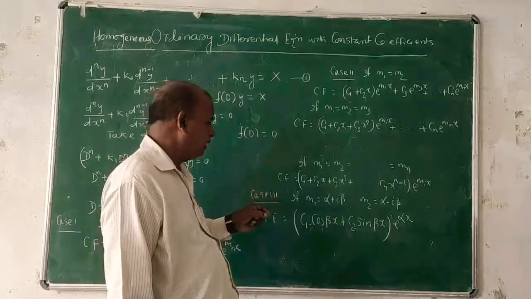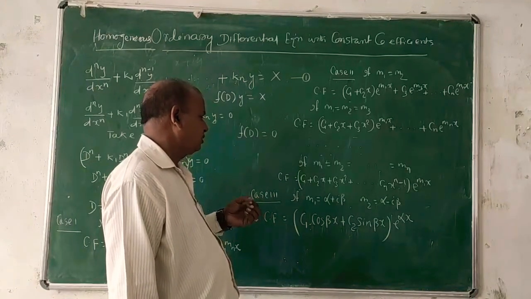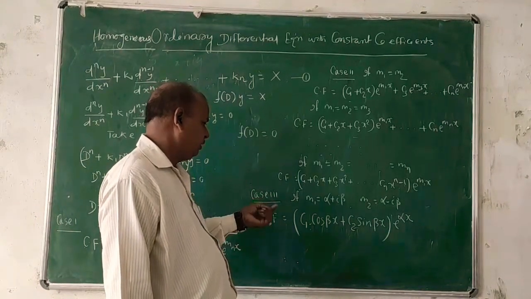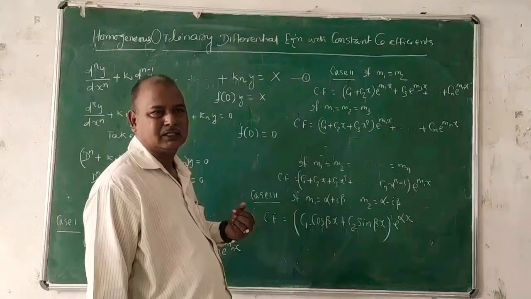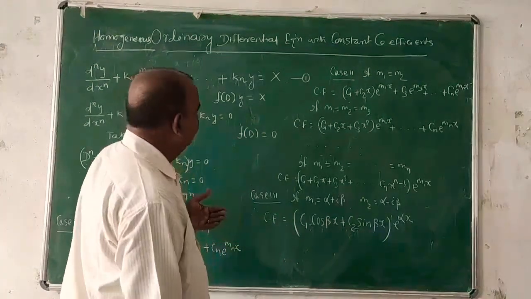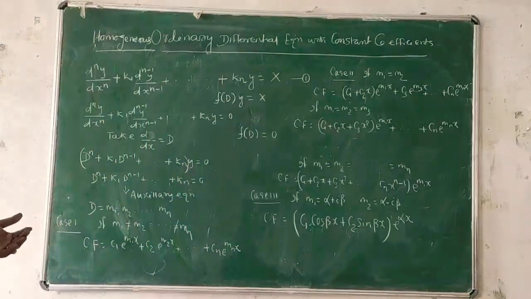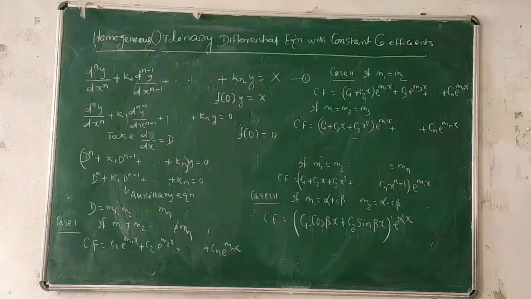Beta is the imaginary part, alpha is the real part, and C1 and C2 are constants. So there are three cases: equal roots, unequal roots, and complex roots.